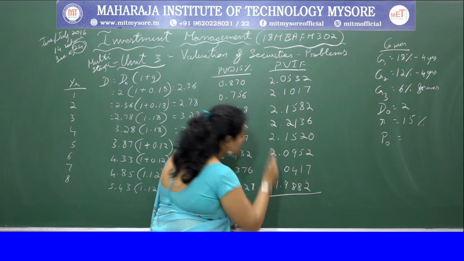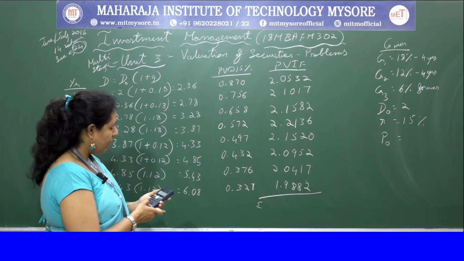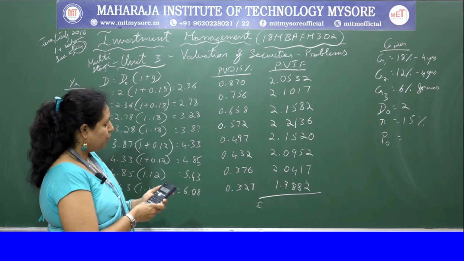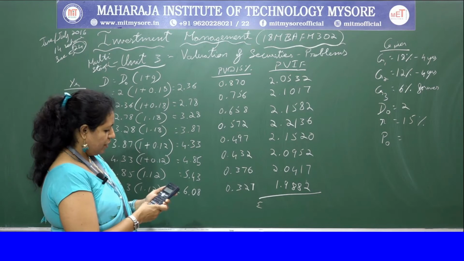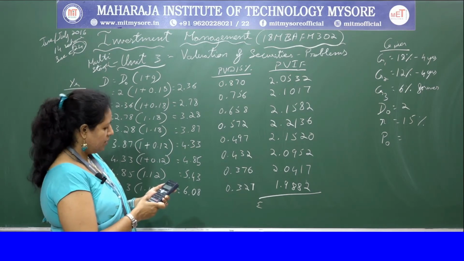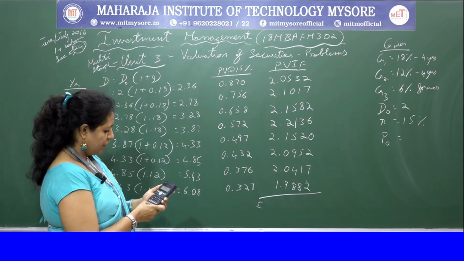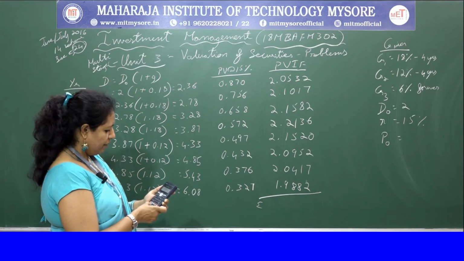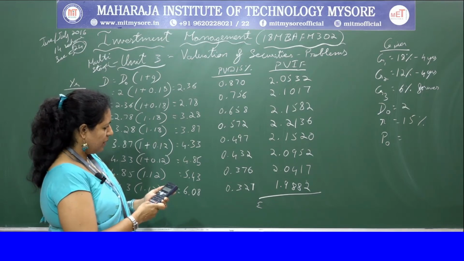Now we need to do the sigma of all of this, that is, we need to add these. So let's start adding up. 2.0532 plus 2.1017 plus 2.1582 plus 2.2136 plus 2.1520 plus 2.0952 plus 2.0417 plus 1.9882.